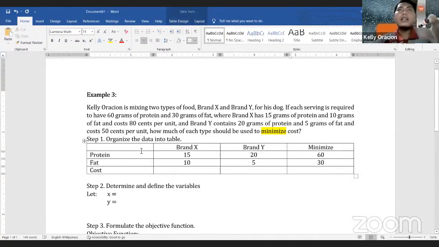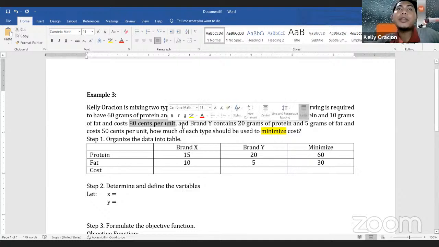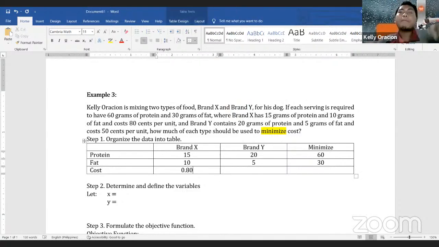The cost per unit for brand X is 80 cents. Brand X has 15 grams of protein and 10 grams of fat and costs 80 cents per unit. When we say 80 cents per unit, that's 0.80, since this is in dollars.